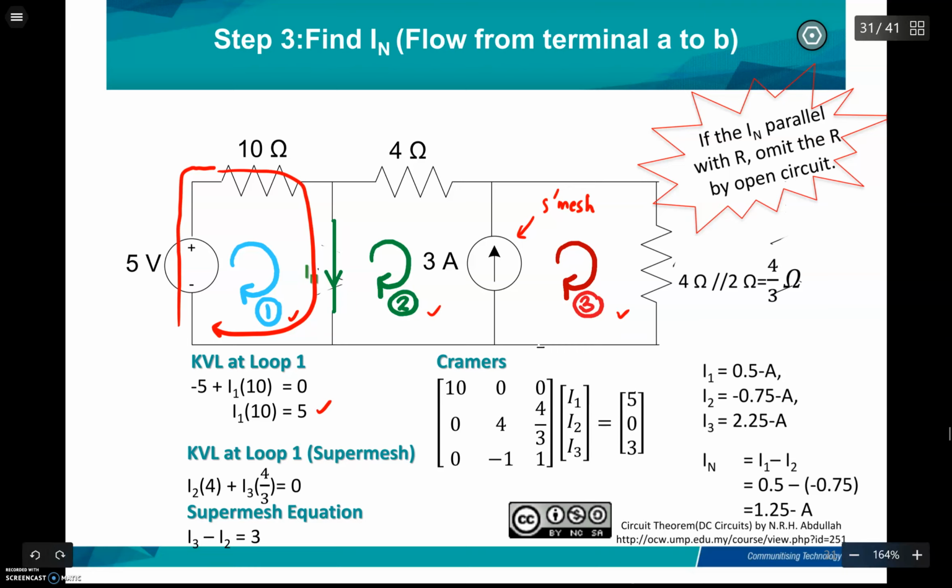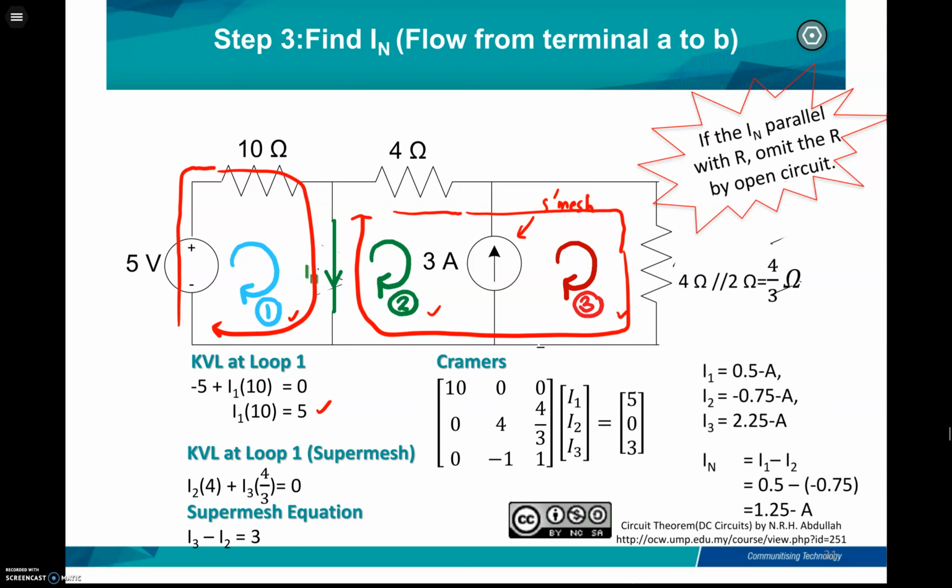And then for the second and third loops, you can see that the loop is a supermesh. So you have to combine the voltages at loop 2 and loop 3. So 4I2 plus 4/3 times I3 equals 0.